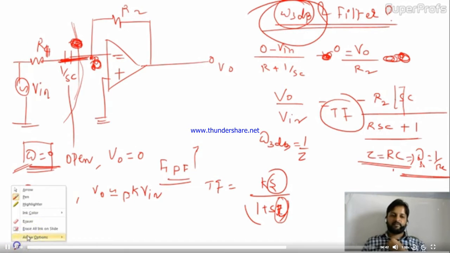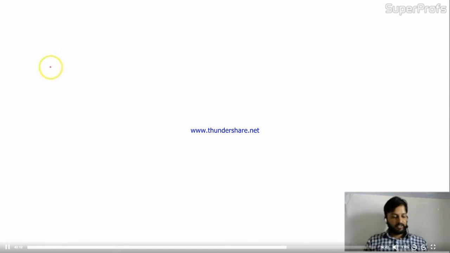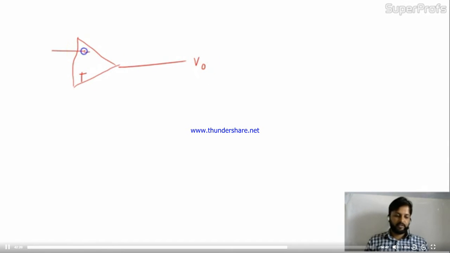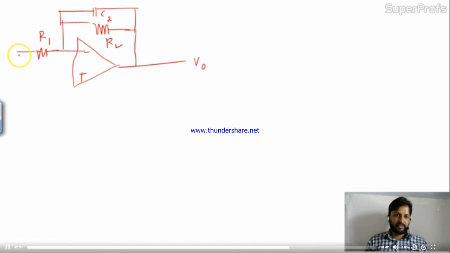Okay friends. Now another circuit is given. Minus, plus, taking V naught over here. This is the feedback circuit. In the feedback circuit, I have R2 with C2. We introduce the capacitor in the feedback circuit, parallel with the feedback resistance.